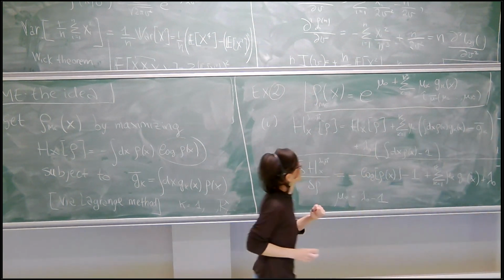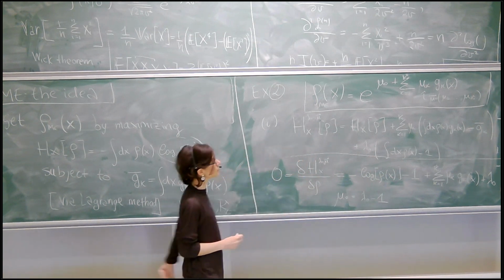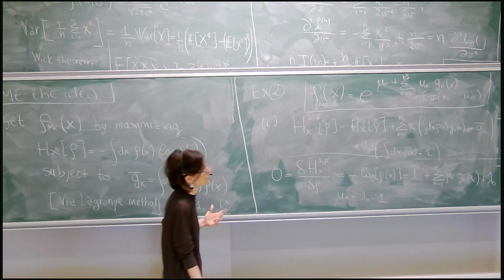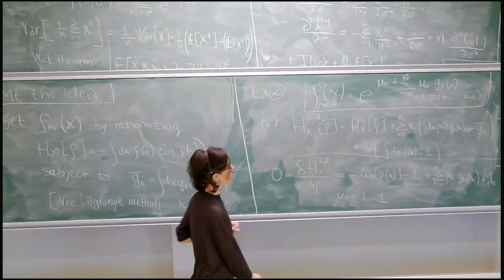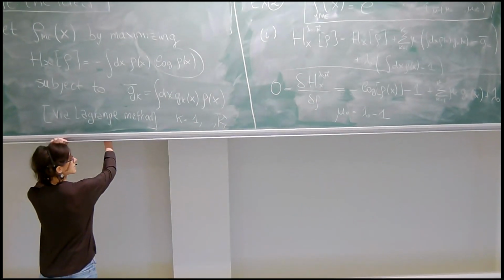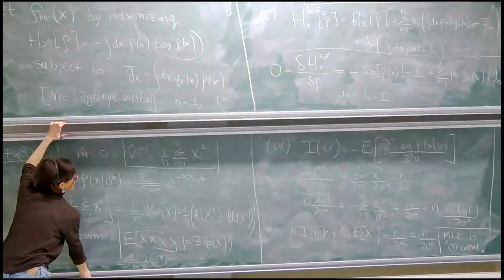Okay, so this gives you the exponential shape that, as I said, comes from this logarithm. But there is something more which you have to do because, of course, now these multipliers are not defined. So you have to fix the values of these Lagrange multipliers using the constraints that you have.